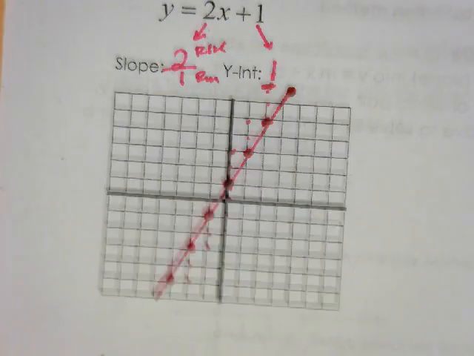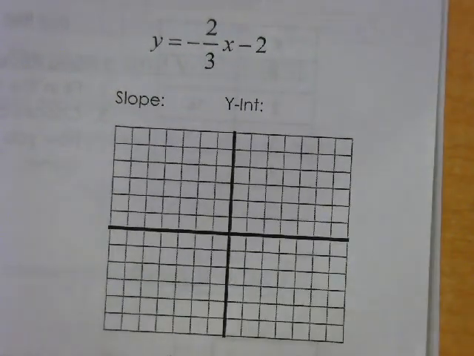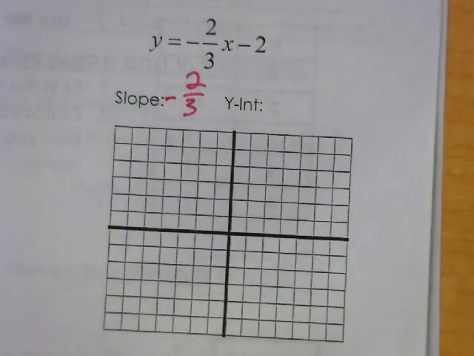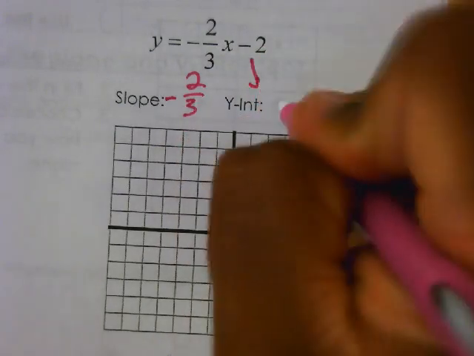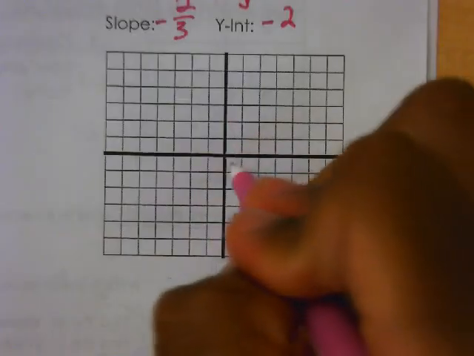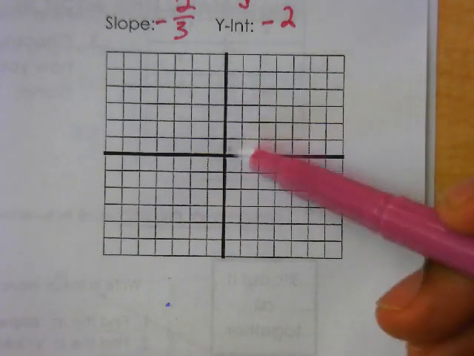Okay, so I can do the same thing for this one. It tells me negative 2/3 x minus 2. Well, my slope is a negative 2/3. Okay, and my intercept will be the negative 2. So this being the center, the positive numbers are above the center and to the right of the center.